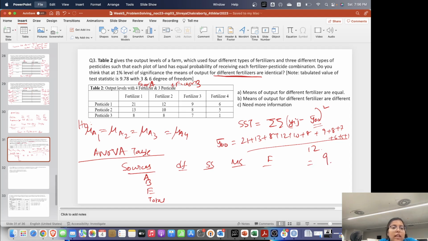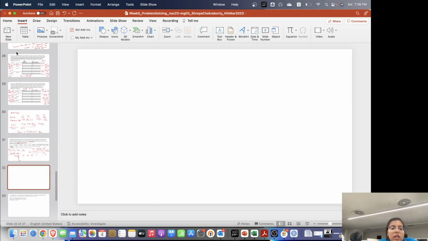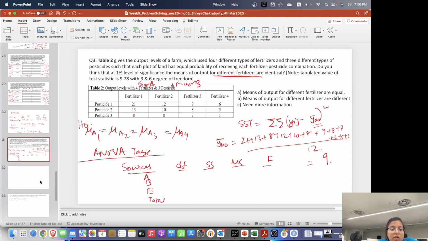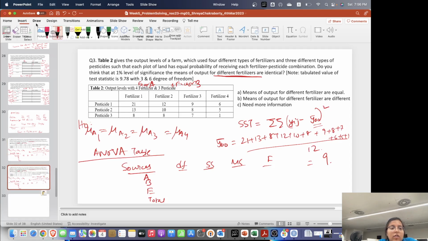So for ease of understanding, we are going to draw one small table.